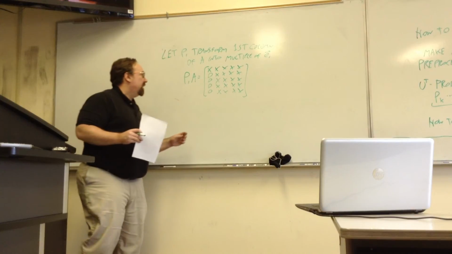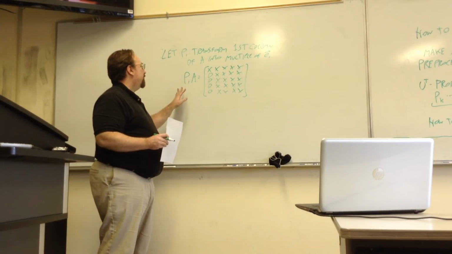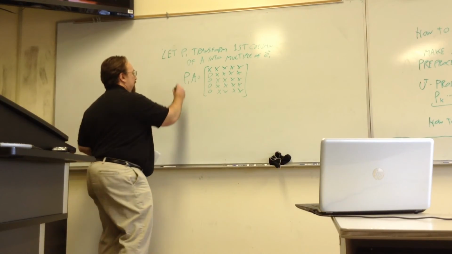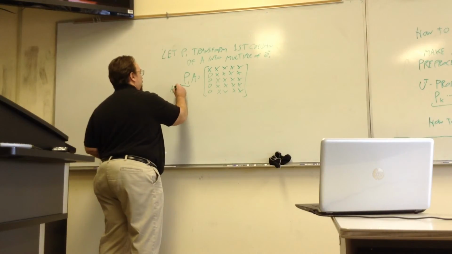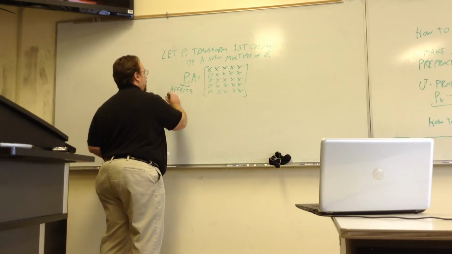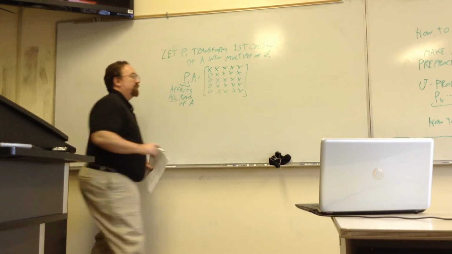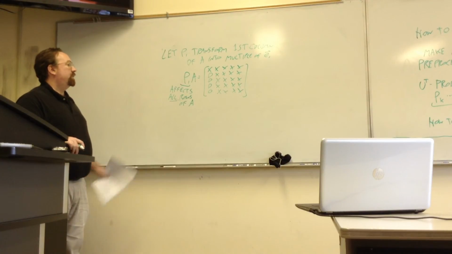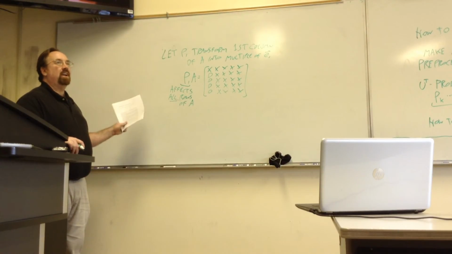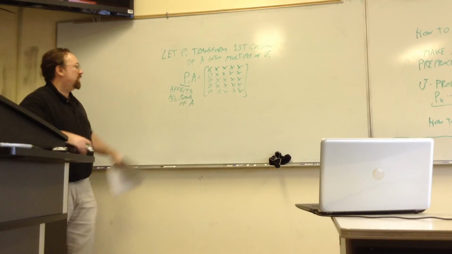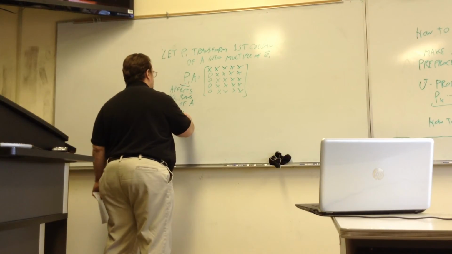Now, in order to do that though, P1 has to affect all rows of A in order to achieve this effect. But now what do I have to do? I have to preserve eigenvalues. So I have to apply P1 on the right now.